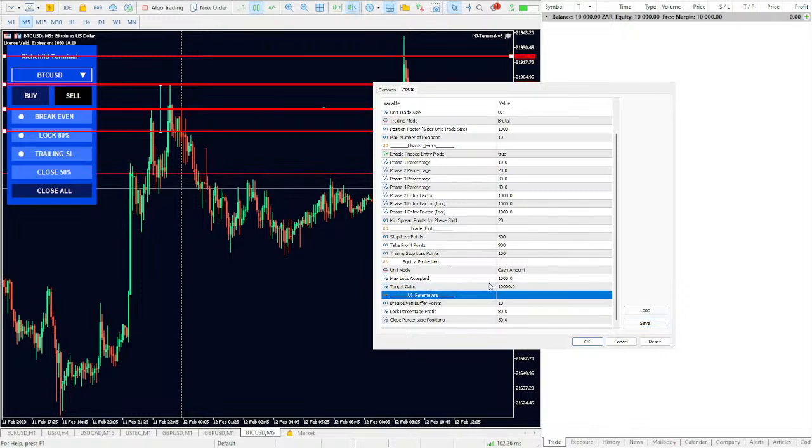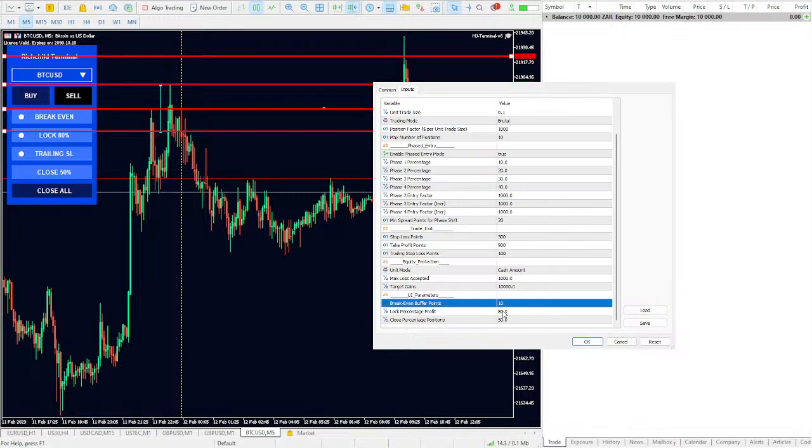All right, so regardless of whether the take profit is hit or not, when your running profit goes to 10,000, you actually close all trades. Then break even buffer points.